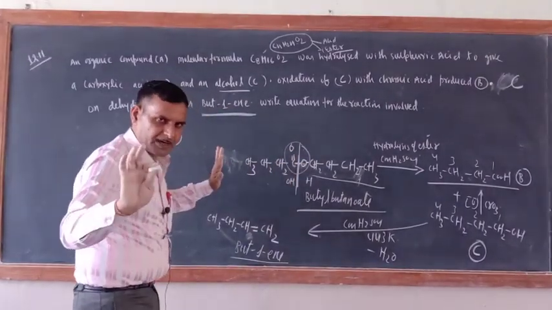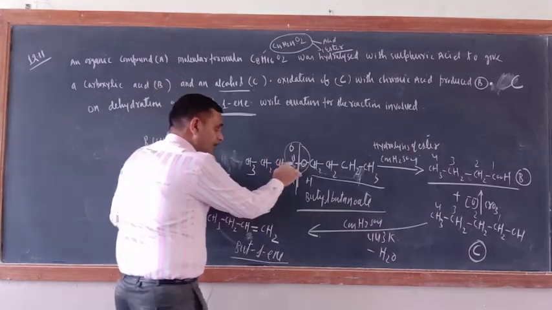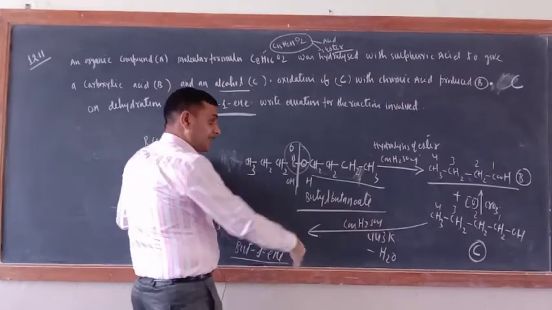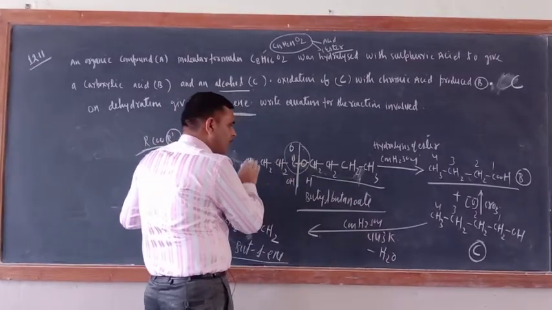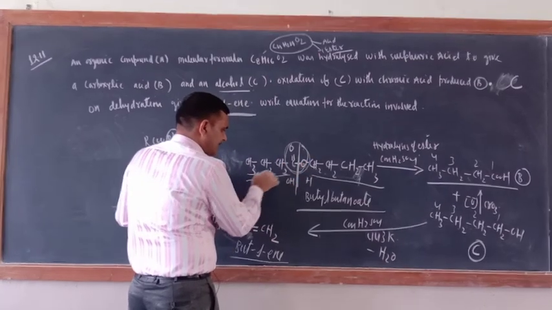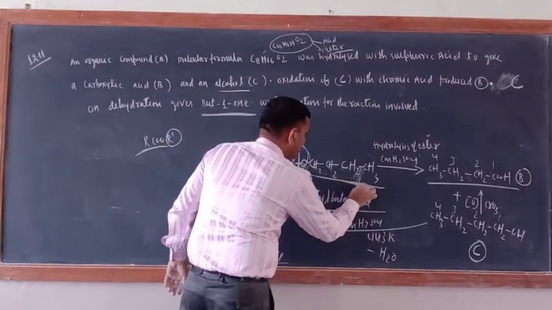Are you getting my point or not? Including this C should be 4. One side separately 4, the other side including this one 4. If you consider this one as the center point, one side 3 and the other side 4 should be there.